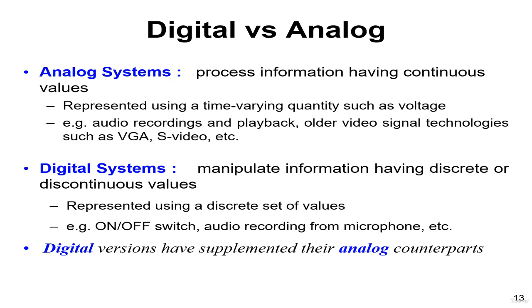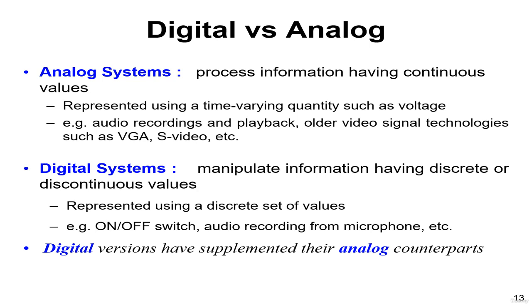On the other hand, digital systems process digital signals which have a discrete set of values. Digital signals, due to their inherent nature, are discontinuous and can be represented using a finite set of values. Examples include an on-off switch that can be used to switch a light on and off.